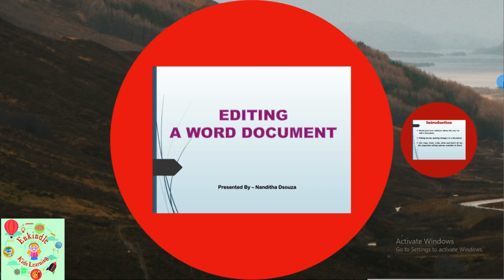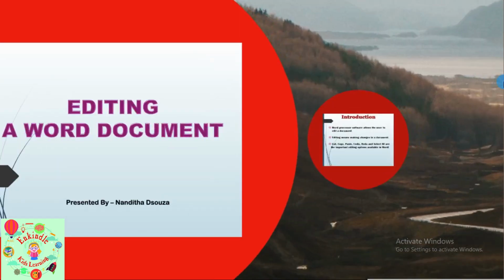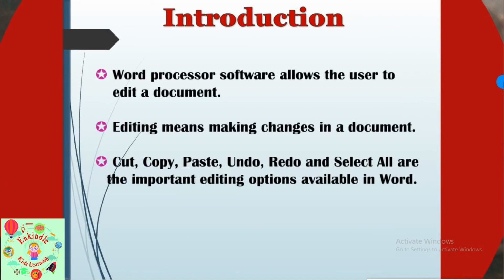In this lesson, we'll be studying how the word processor software allows the user to edit a document. In the past, typewriters were used to type documents. The text was typed directly on paper, which made it difficult to edit or correct mistakes.